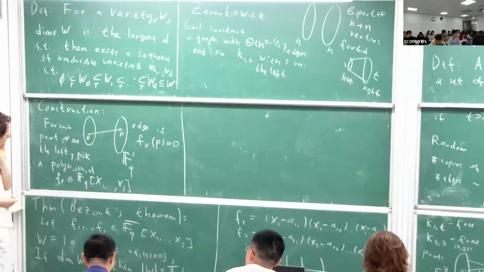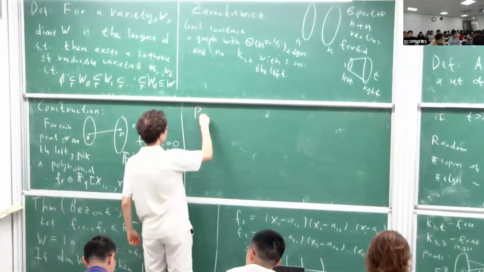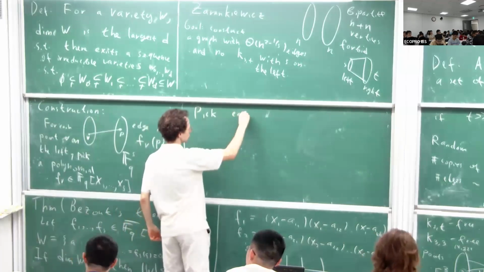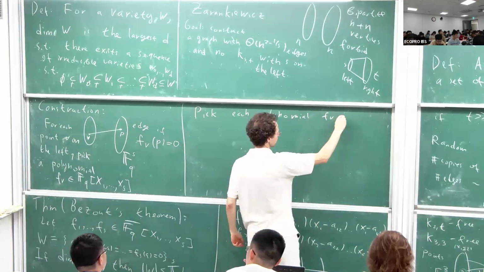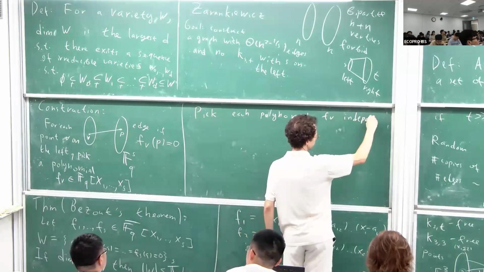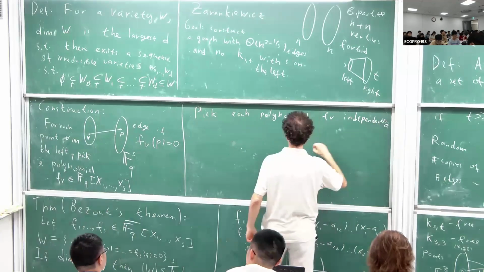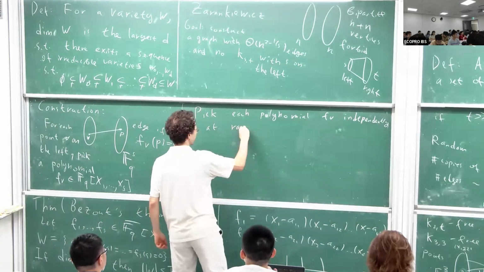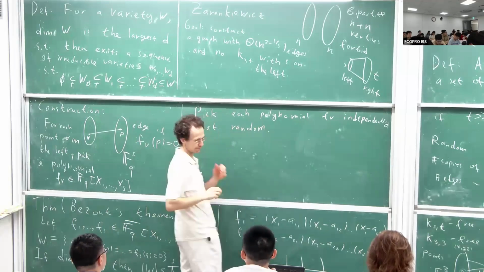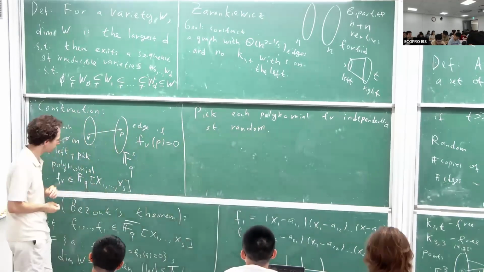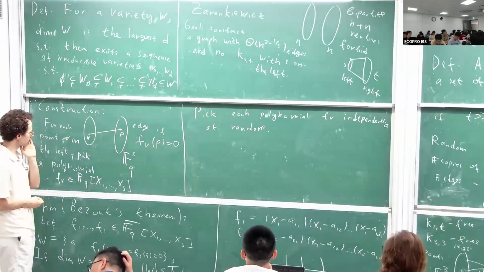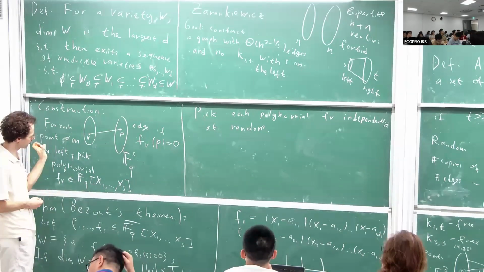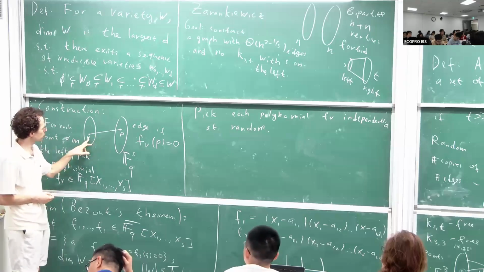And we're going to choose these polynomials at random. We're going to pick each polynomial independently. At the very end we need to do a little more, but for now this is enough.